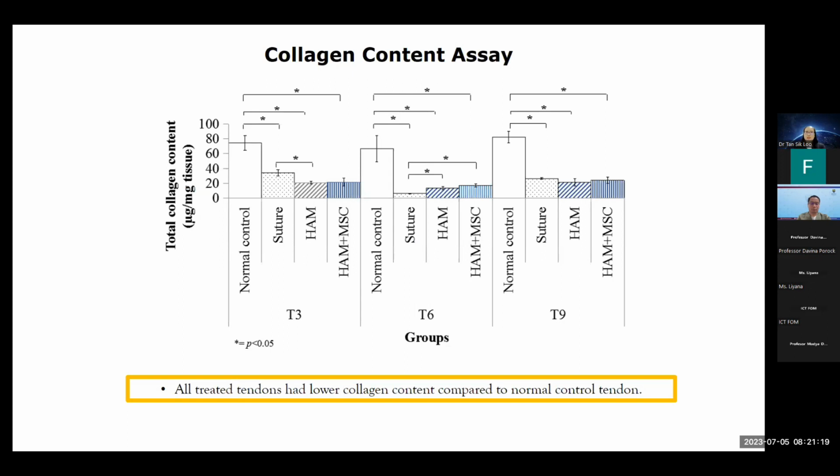And from the collagen content analysis, there is no significant difference in the time points that we used in this study, so probably an extended time frame would allow us to observe more changes in the total collagen content in the treated tendon.